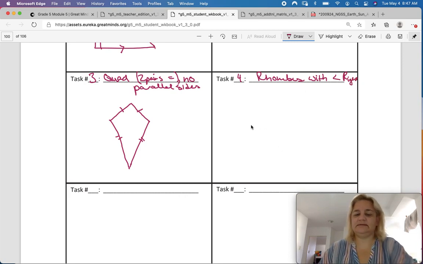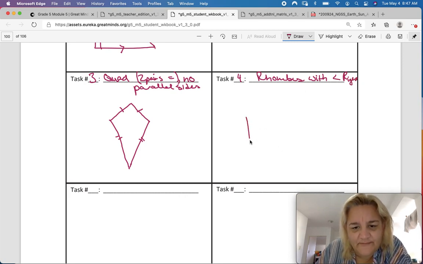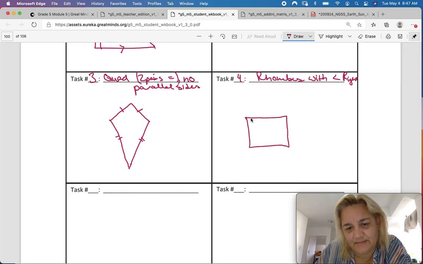Okay, so all 4 sides have to be the same size. Use your ruler, measure them, okay? If this is 4 centimeters, then this is 4 centimeters, and all right angles. Okay, use your tools, use your protractor, make sure those are right angles.